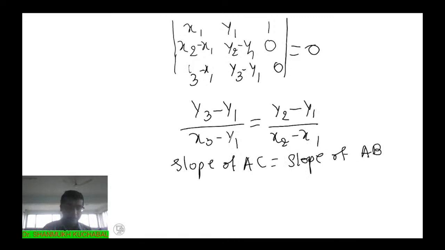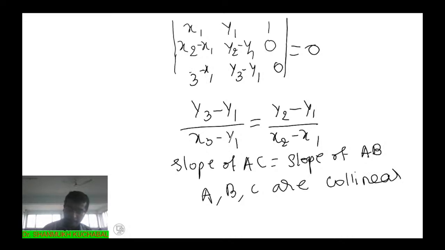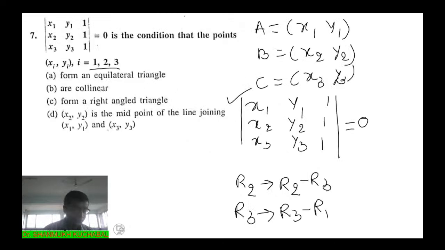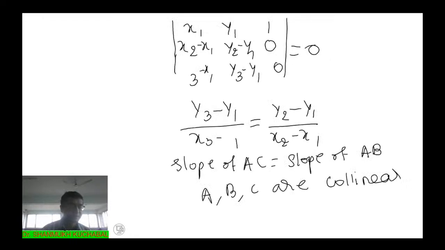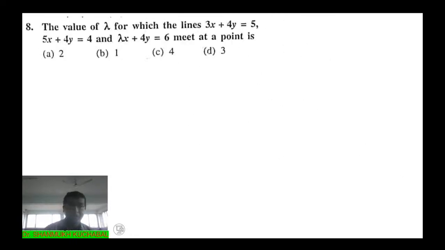Therefore, A, B, C are collinear. This is the condition of collinearity: slope of AC equal to slope of AB, then ABC are collinear. We'll check which is the right option. See here, we observe that option B, they are collinear, is the right answer. Like this we have to simplify. We'll move to the next example.